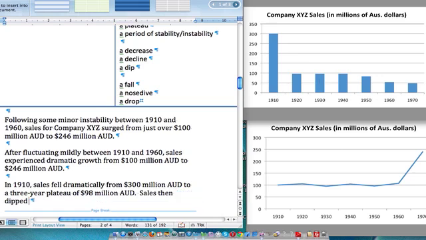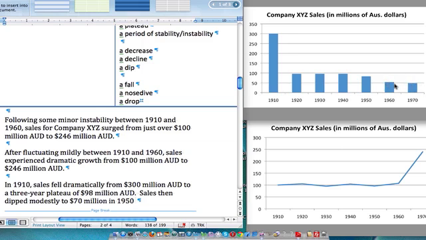Sales then dipped. And this dip is not major, so let's use modestly. They dipped modestly to 70 million in 1950. And now 1960 and 1970 again are showing very similar amounts.